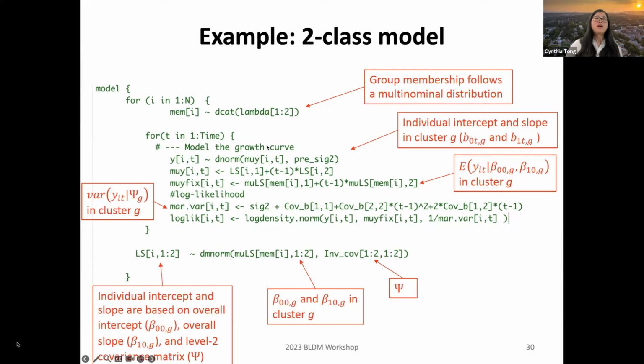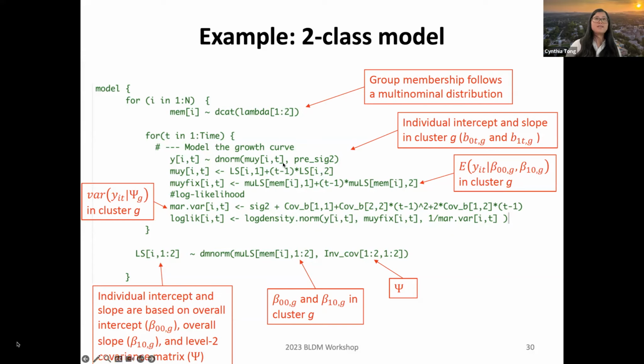Okay, and then for each subject i, from time 1 to time t, we can model the growth curves. In this model, like I said, we assume all the variances to be the same across different subjects, and all the covariances are also the same across different subjects.